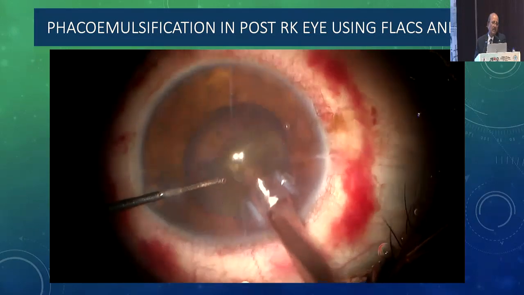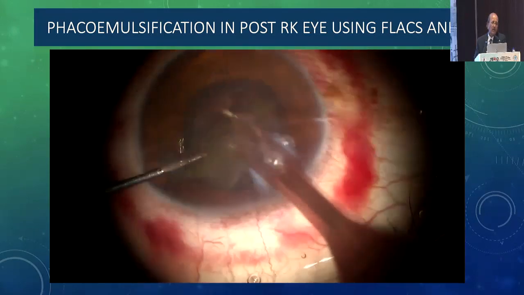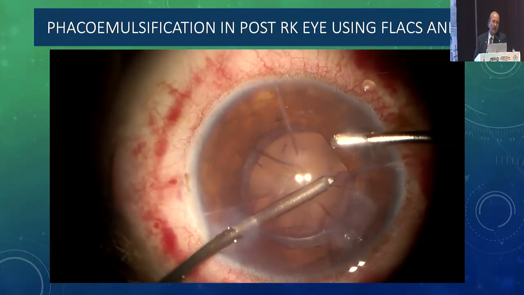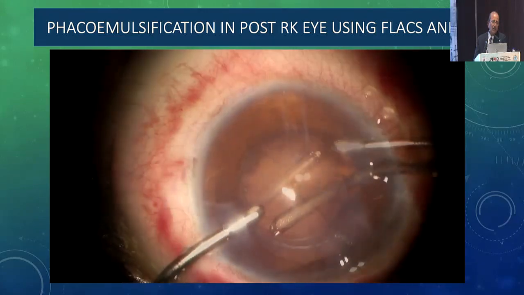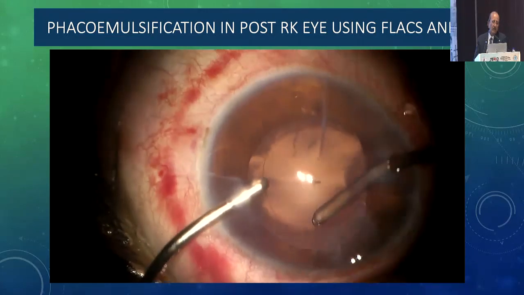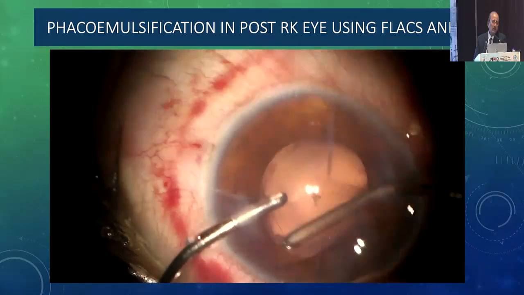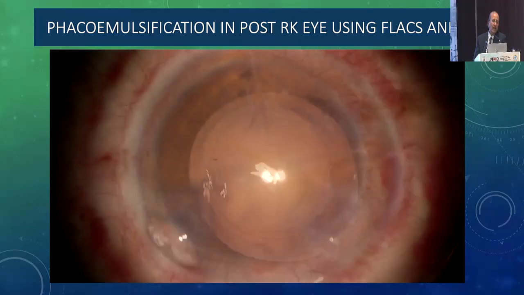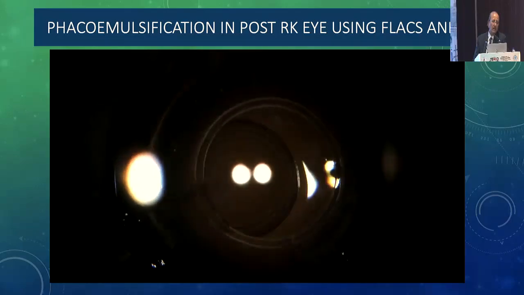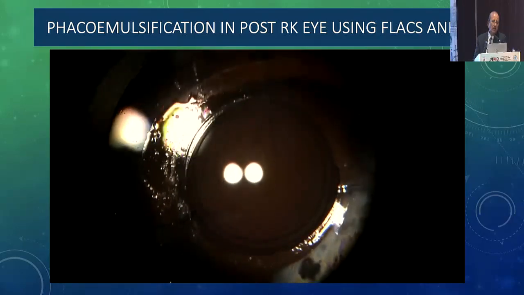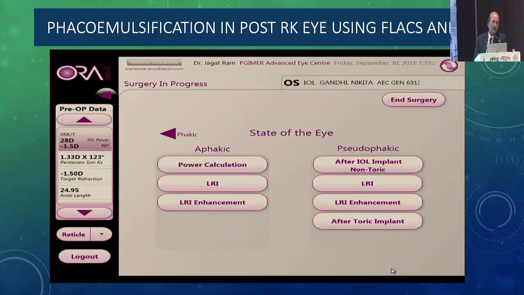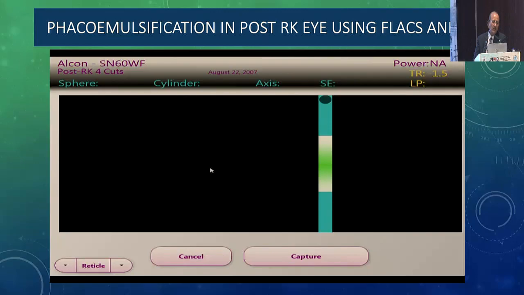Of course, phacoemulsification is not difficult, but this is an RK patient where usually there will be residual hypermetropia most of the time. In this case also we did optical biometry, but here what ORA suggested was that the power should be higher.